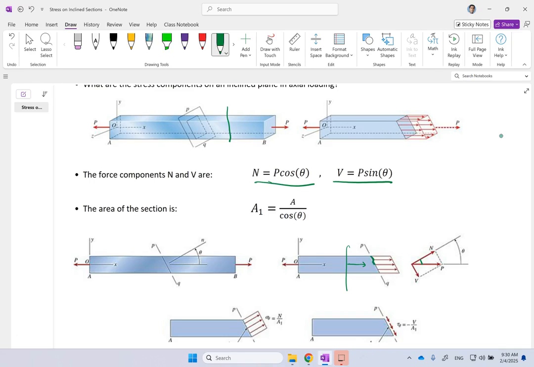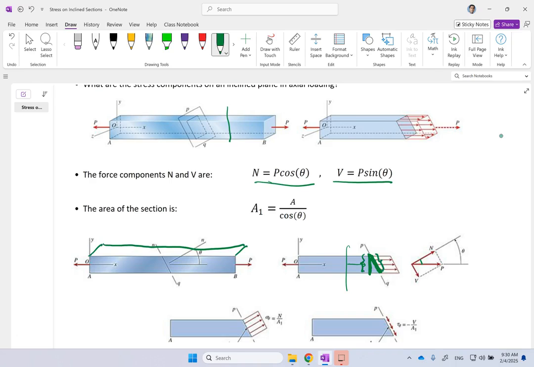So not only do we have two components now, a normal and a tangent, but also the cross section of this angled plane is different from the normal plane. Why? Because if the depth of this beam stays the same, the height of the plane goes from vertical to this one.